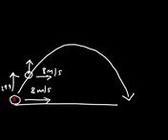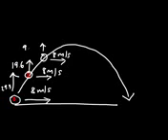Gravitational acceleration affects Vy, but not Vx. So this is going to be 19.6 1 second later. Now, 2 seconds later, Vx will still be the same, and that's 8 meters per second. Vy is now 9.8.